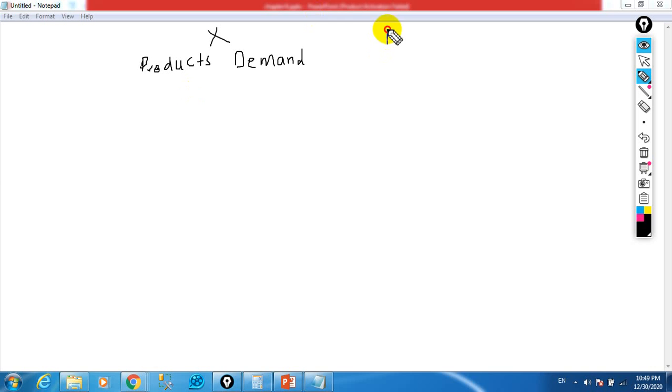For example, price, or customers who have less amount of money with people.